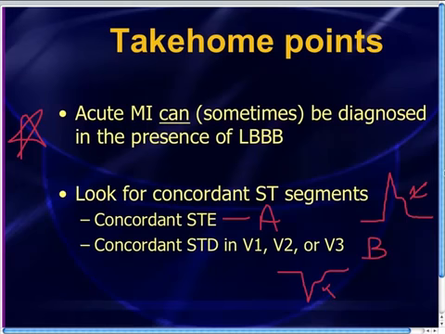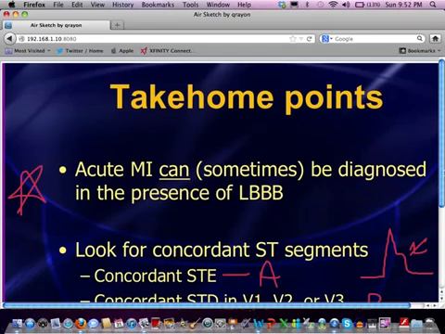So when you see concordant ST segments and QRS complexes, you've got to worry about that patient, even though they have a left bundle branch block pattern. And for those people out there that have not typically believed that you can diagnose ischemia or STEMI equivalent in the presence of a left bundle, what you do is tell them to go read a little bit.